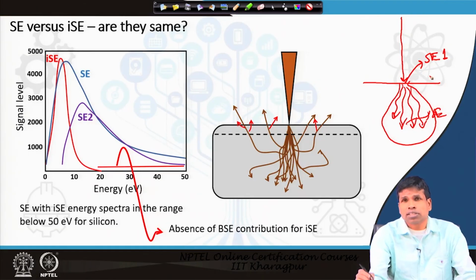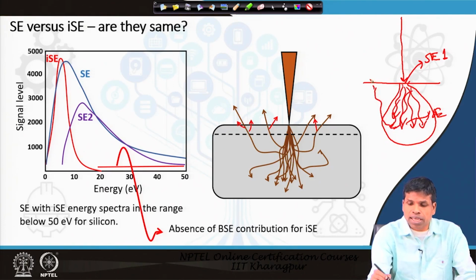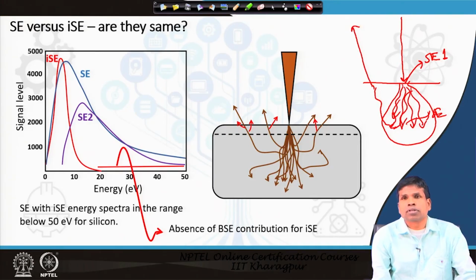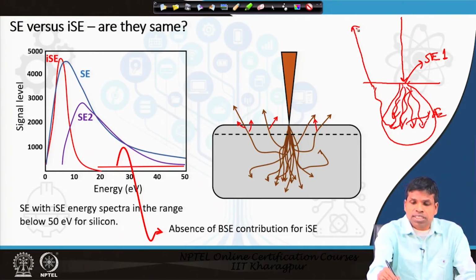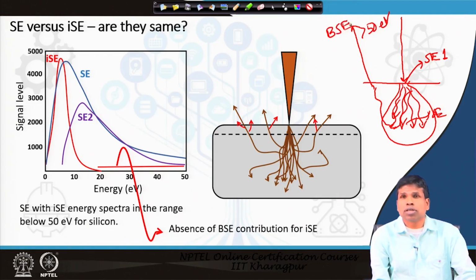They are self absorbed inside the specimen, but some electrons having energy a little higher will recoil back and come out of the specimen. If these electrons have energy greater than 50 electron volt, we say it is a back scattered electron, BSE. That is what we discussed in our scanning electron microscopy part.